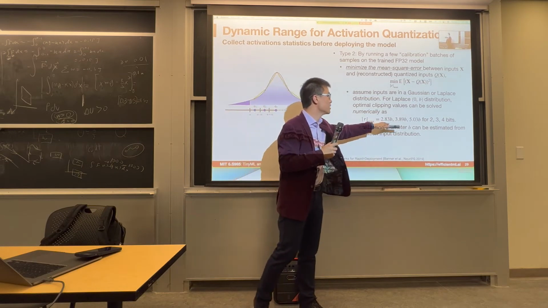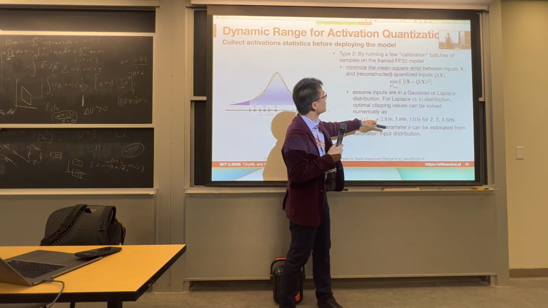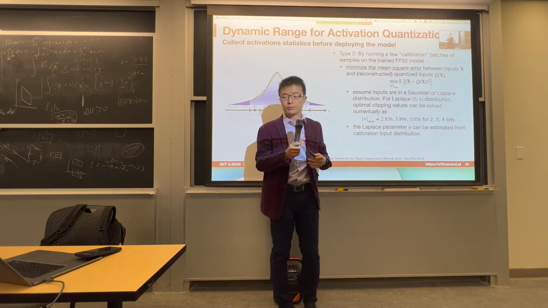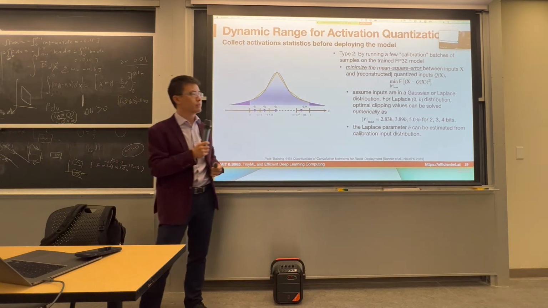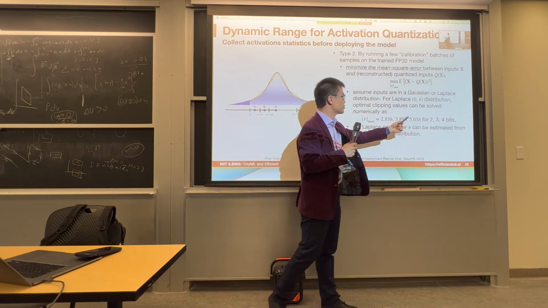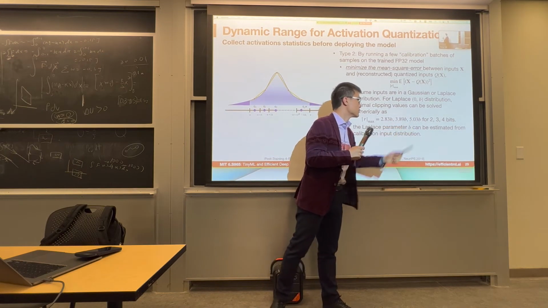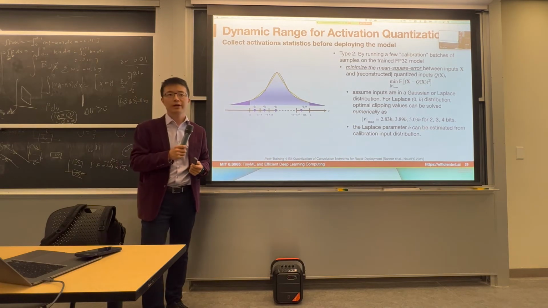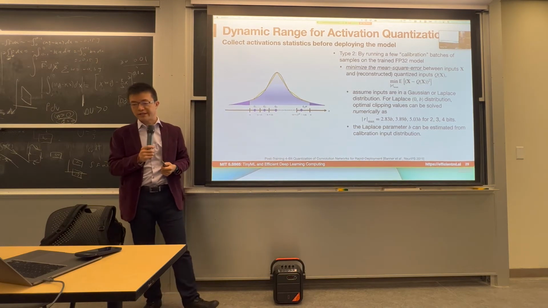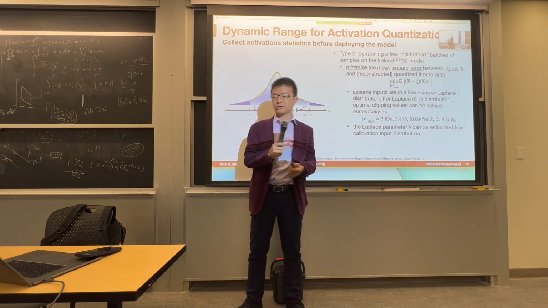Therefore, for the R max, we can have this pre-calculated optimal value: either 2.83 B if you have 2 bits, or 3.89 B if you have 3 bits, versus 5.03 B if you have 4 bits. But that's not necessarily the case if our activation doesn't follow this Laplacian distribution.